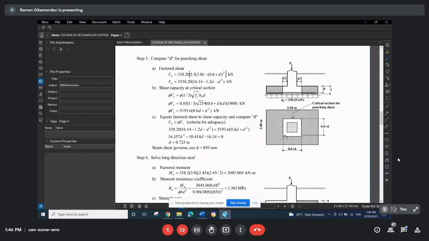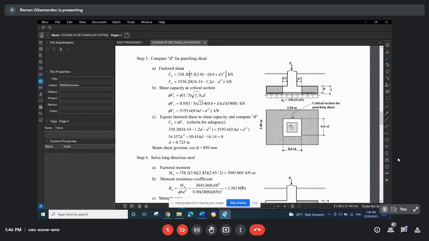We can use the free body diagram outside the critical section for shear, and then you will get the upward pressure multiplied by this tributary area, which is the footing area minus the area within the critical section for shear.